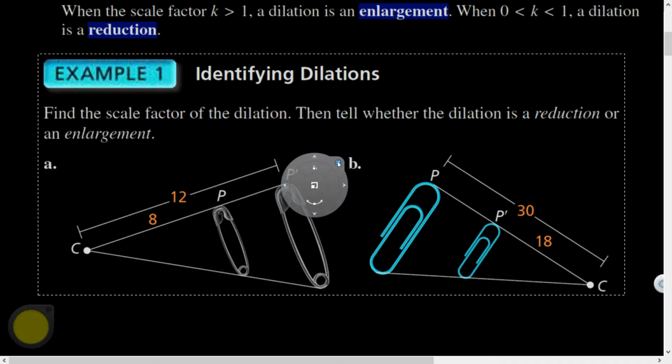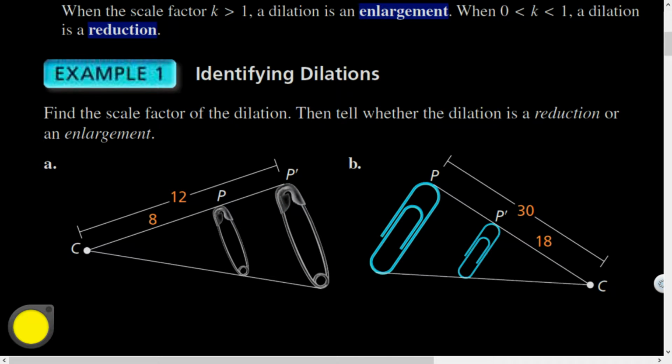All right, here's example 1. This is not too bad. It says, find the scale factor of the dilation, and tell whether it's a reduction or enlargement. So this is all about making sure you know which one is the image and which one is the pre-image.